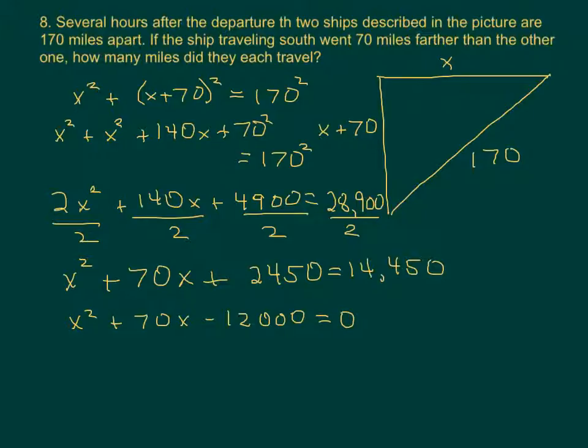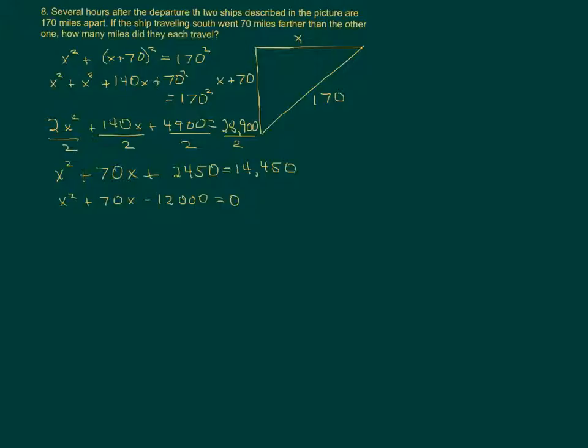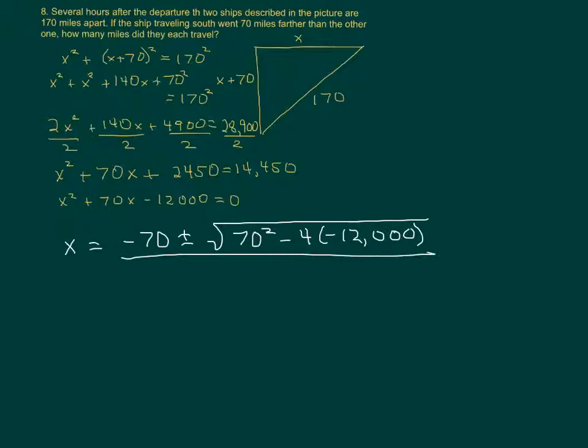And now we can do the quadratic formula to solve for this. Or you can do factoring, but since you're doing big numbers, it would be better to do the quadratic formula. The quadratic formula says that x is going to equal negative b plus or minus the square root of b squared minus 4 times a, which is 1, times c, which is negative 12,000, all of that over 2 times a, which is 1.